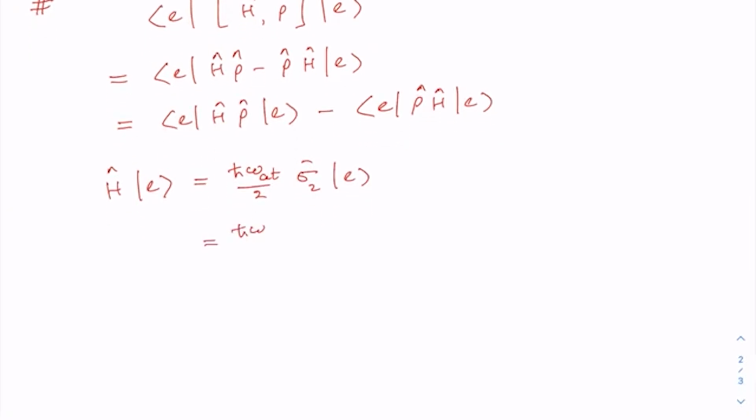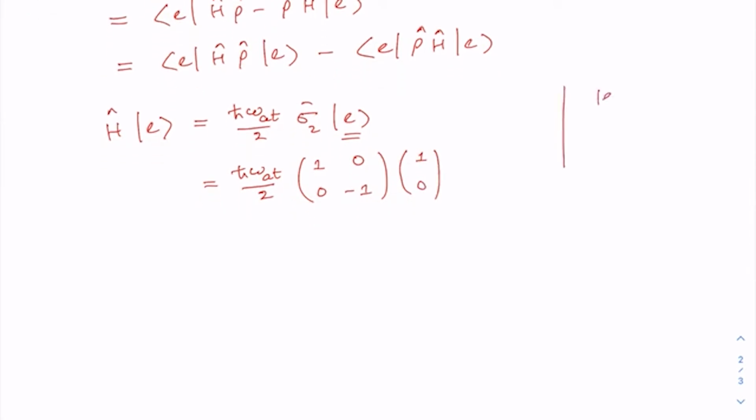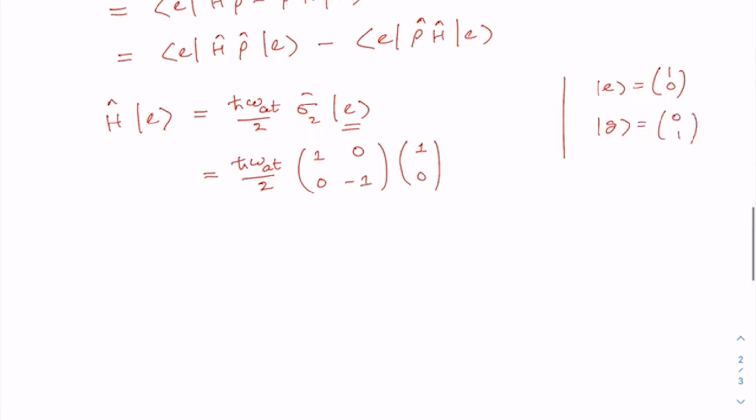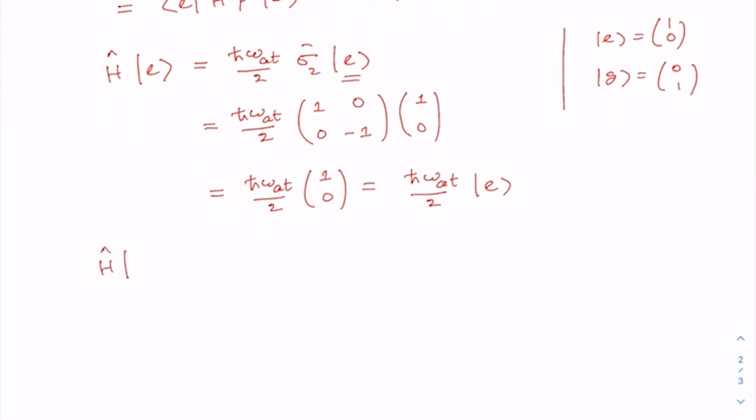Now I know sigma z operator is (1 0; 0 -1), and if I take the excited ket as this column matrix (1, 0), so I am taking |e> as (1, 0) and |g> as (0, 1), then if I do the math, you will get h cross omega atom by 2 (1, 0). So this is basically h cross omega atom by 2 ket e. Similarly, we will require it later when it operates on the ground state. You will get minus h cross omega atom by 2 |g>.